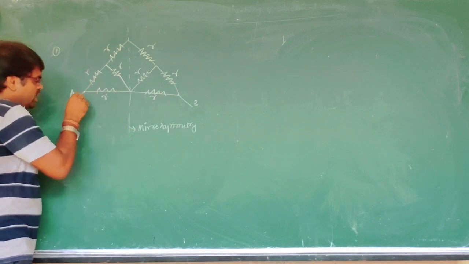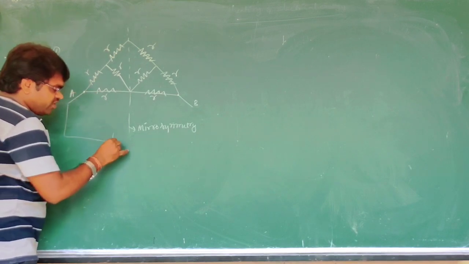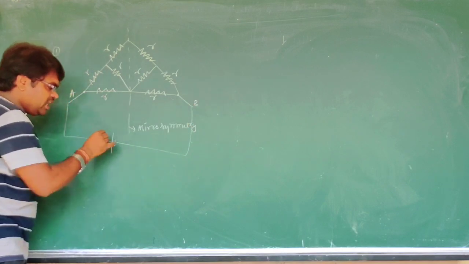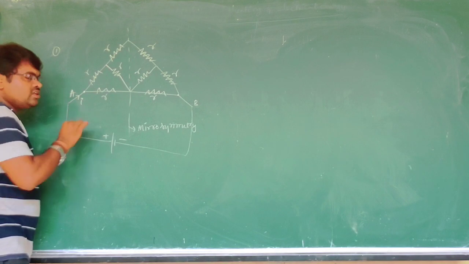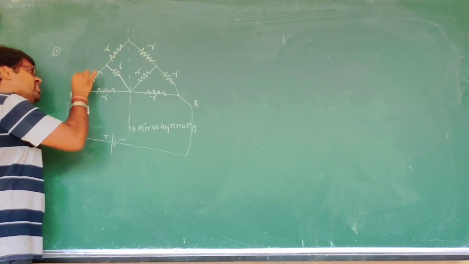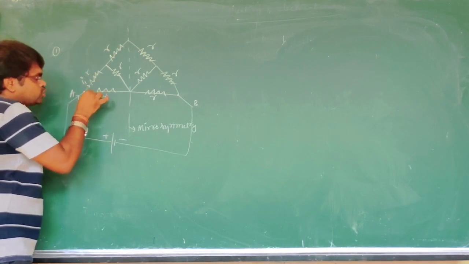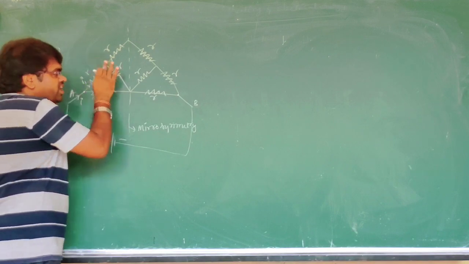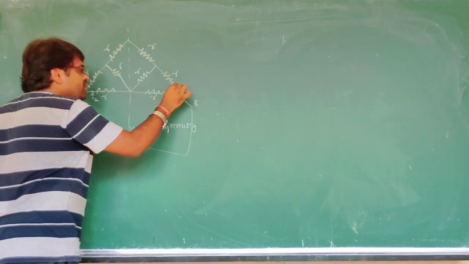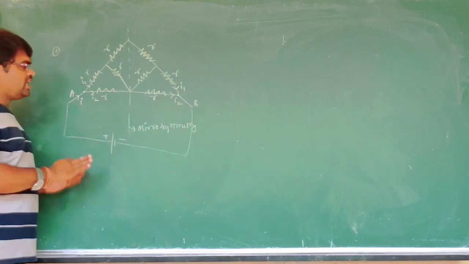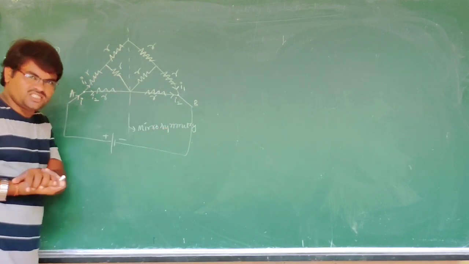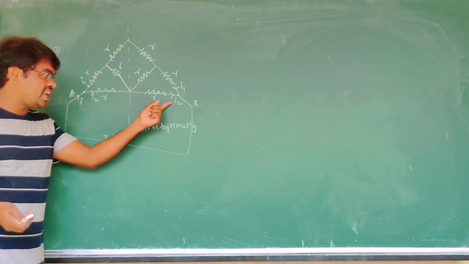Now here we can apply a potential difference across A and B. Then the current I will flow. Then the current is divided into I1 and I2. Here I1, here I2, like a mirror.